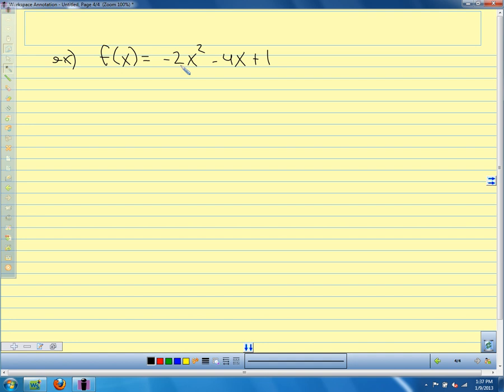We want to do the same thing with this problem that we did in the last one. We're not going to worry about sketching this one; we would go about sketching it the same way. But we want to find the vertex and the axis. And when our problem asks us to find the vertex and the axis, what it's asking us to do is put it into vertex form.